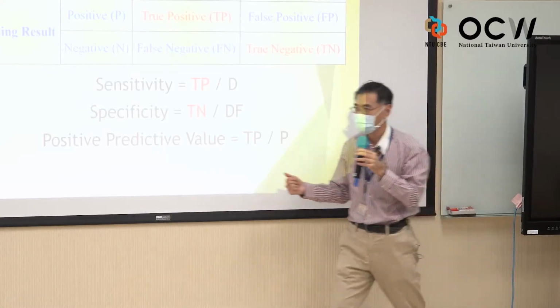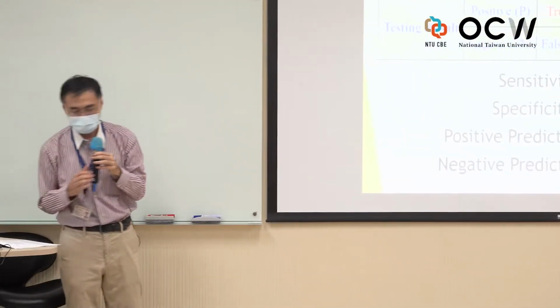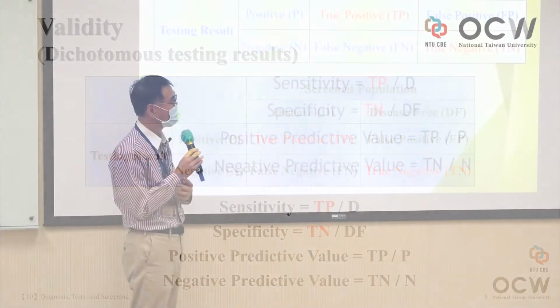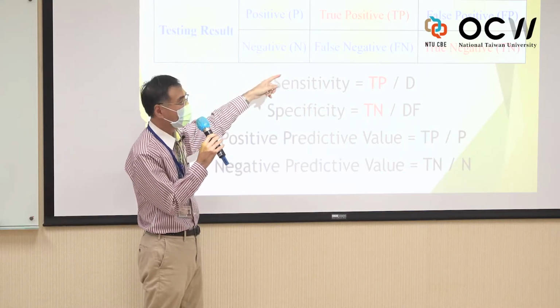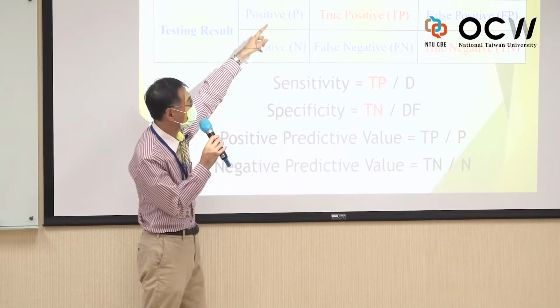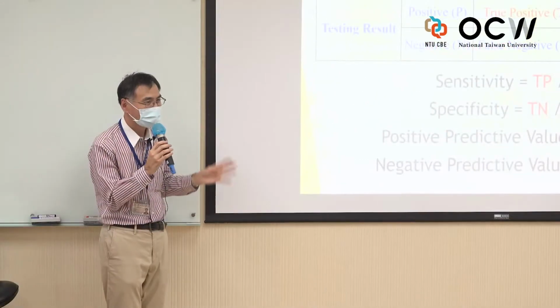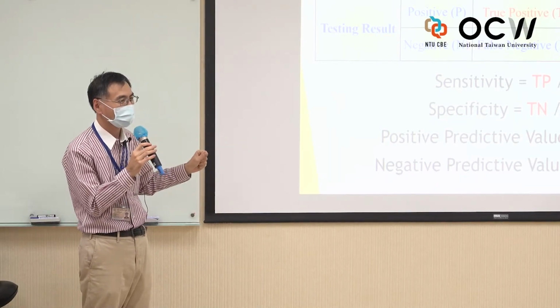Oh, that's great. Also, for negative predictive value, it's the same. It's the percentage of true negative among the people tested negative. So it's a calculation in this direction, right? And sensitivity or specificity is that direction. So let's assume that we know the disease status, and then we apply the screening tool to the population.